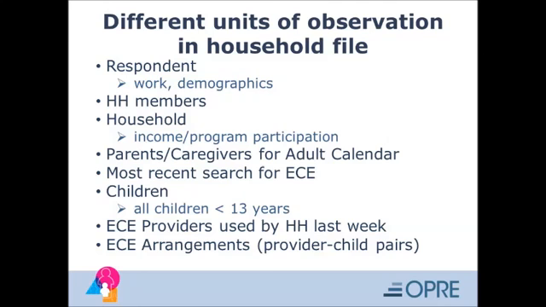And then two other units of observation about which there is a great deal of richness of information are the providers used by the household in the prior week, as well as all regular arrangements, by which we mean the combination of a provider with a child. That pair we call the arrangement.